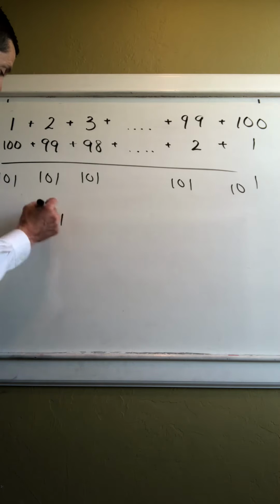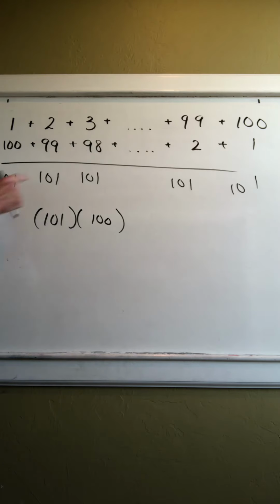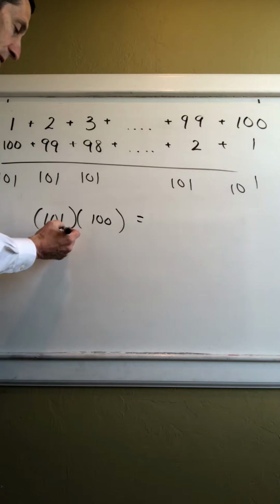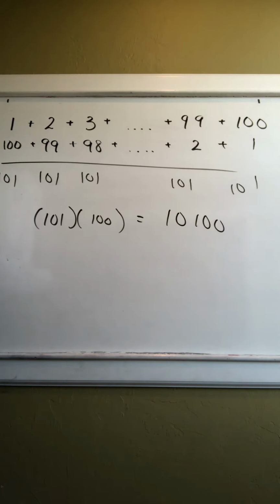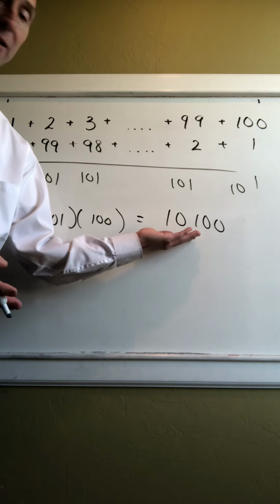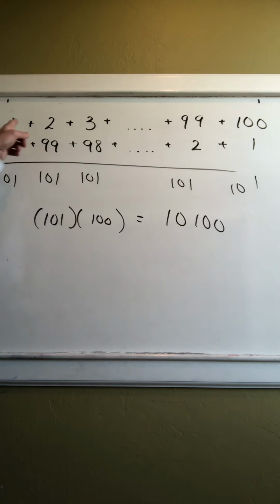Well, I have 100 of the 101s. 1, 2, 3, 4, 7, 8, 9, 99, 100. And so if I multiply 100 times 101, that's 10,100. Some people would stop right there and say, my answer, add them all up, turns out to be 10,100. But think about what you did. You added it once and you added it twice.